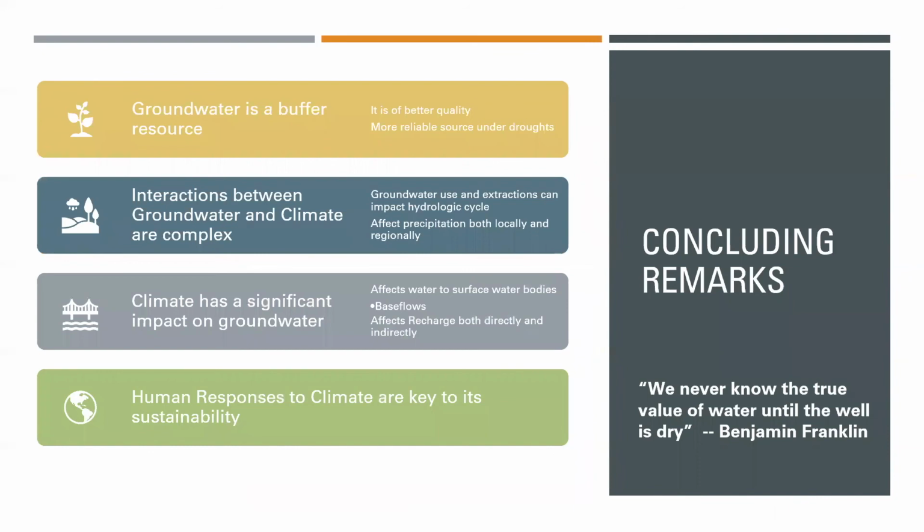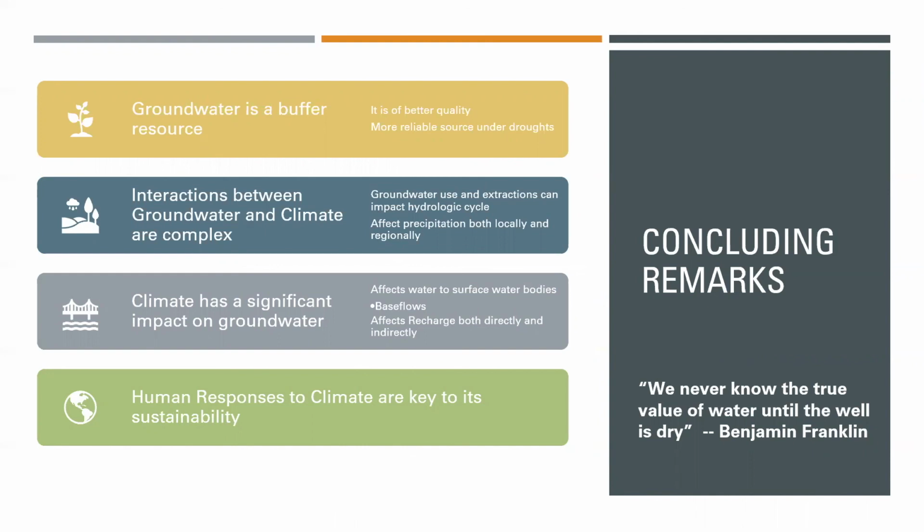So to conclude, some concluding remarks: groundwater is a buffer resource. It's a better quality, it's a more reliable resource, especially during droughts. So we tend to use it more. But how we use groundwater impacts climate, and what happens to climate impacts groundwater.